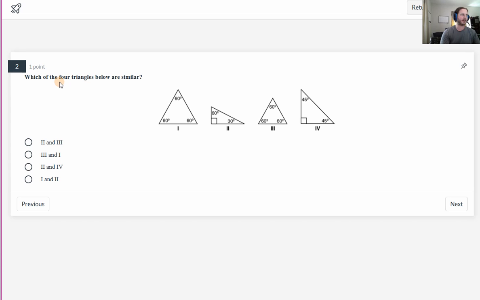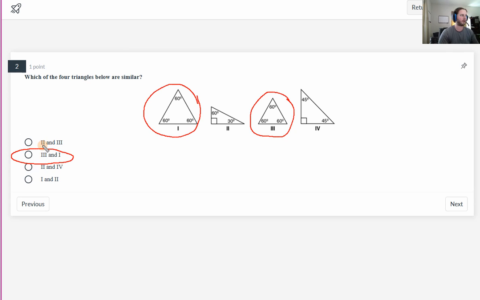Which of these 4 triangles are not similar? Or excuse me, which of these are similar? Excuse me, I just misread it. All right, it looks like only 2 of these have equivalent angles. That's a good start. Nothing else, I mean, those clearly can't be it. So 1 and 3. So this one right here.